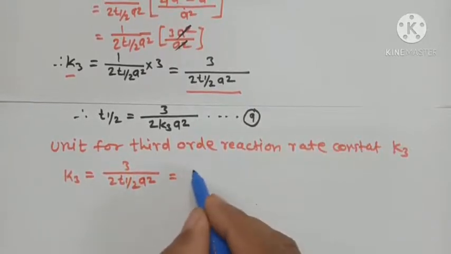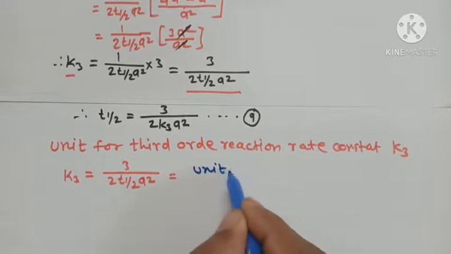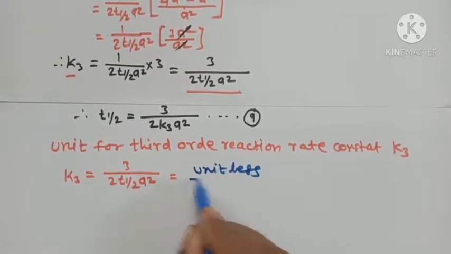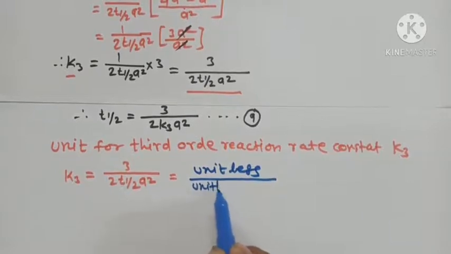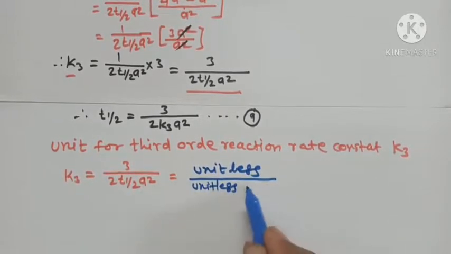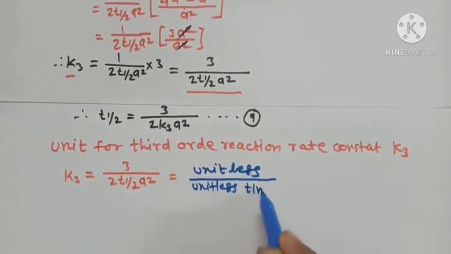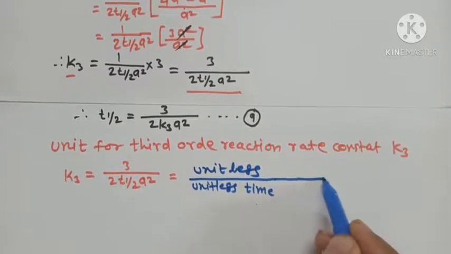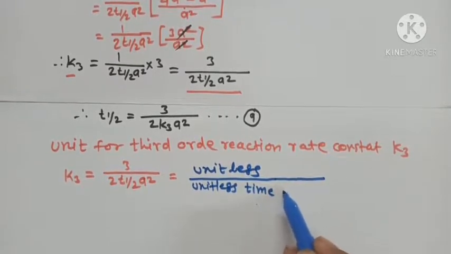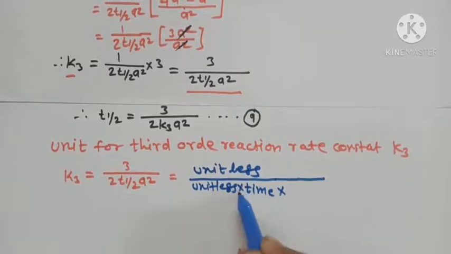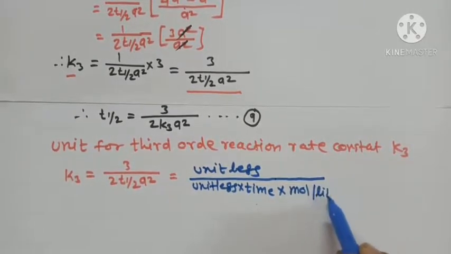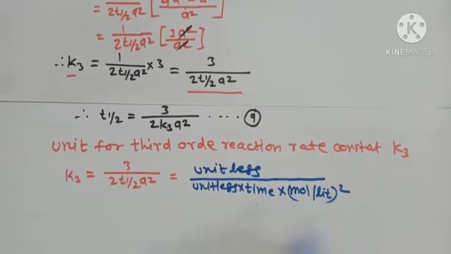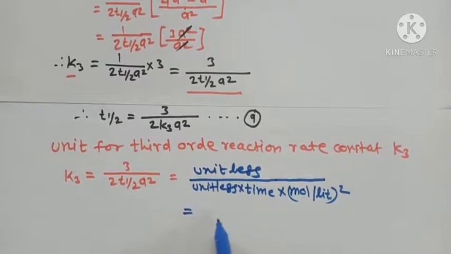If you see, 3 is the constant, so unitless, upon 2 is the constant, unitless, t half is expressed in time such as minute, hour, and a is in moles per liter raised to 2. So if you solve this, what you will get?